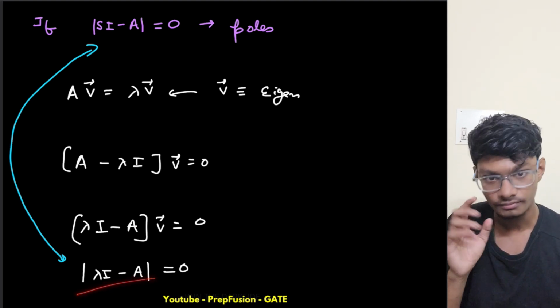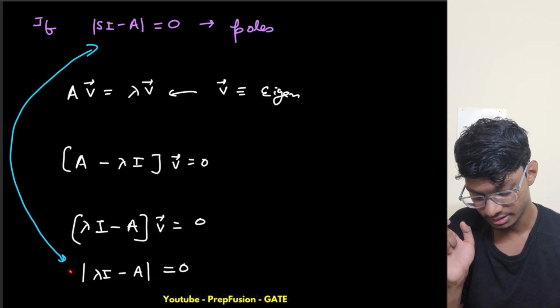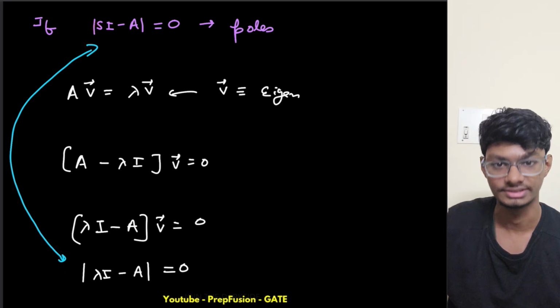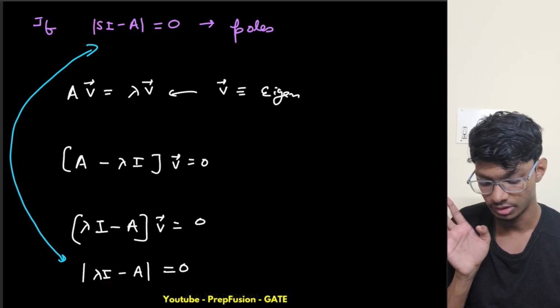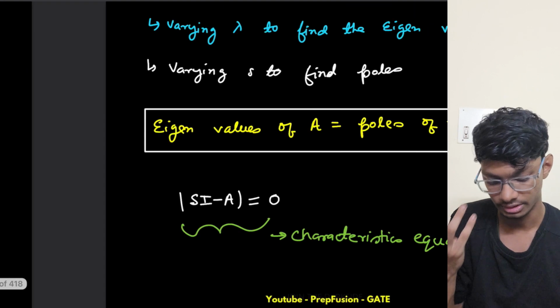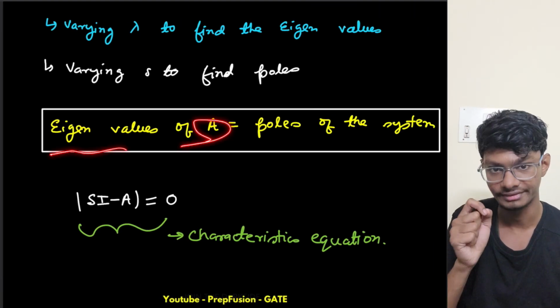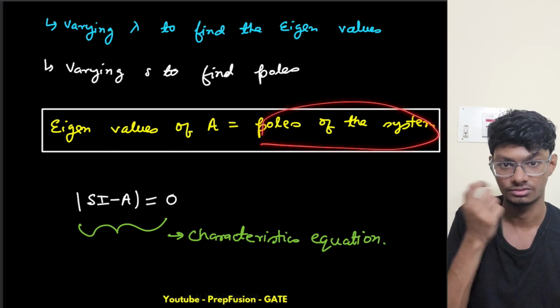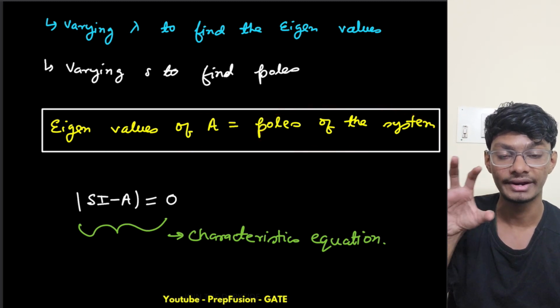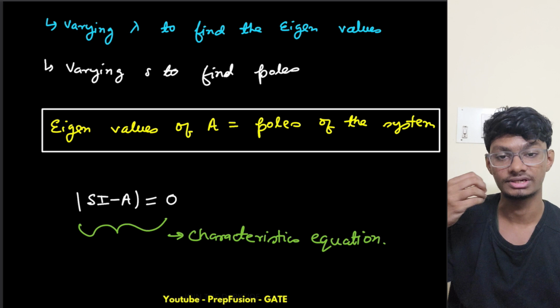These two things are doing the same thing but for different reasons. Here I want to find the eigenvalues, here I want to find the poles. So the values will be the same. The eigenvalues of the A matrix will be equal to the poles of the system. That's why the A matrix is called the system matrix, because it defines the system.